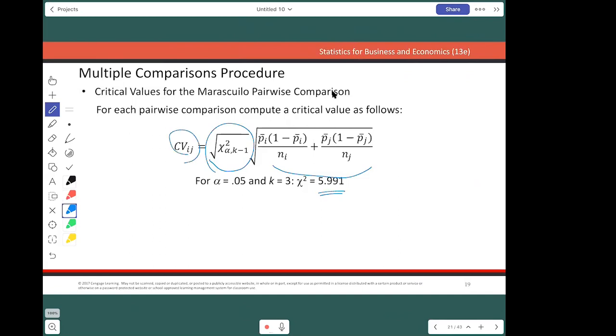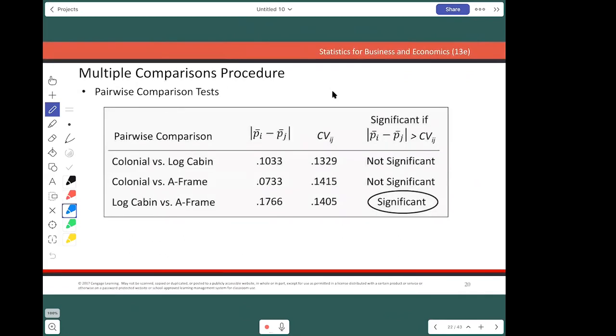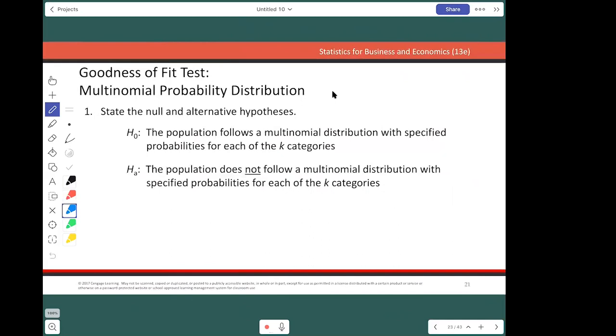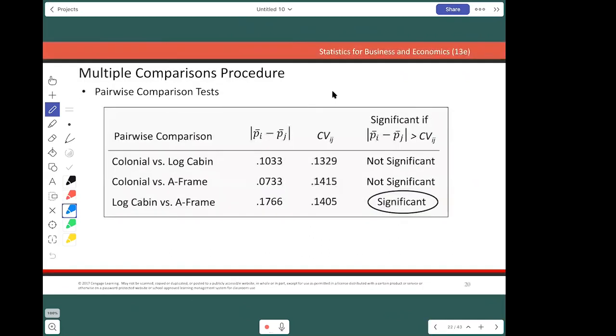And we call that a critical value. What we want to do is to make sure that if the critical value is smaller than the absolute difference, and I believe it's actually written over here, then it's considered significant.